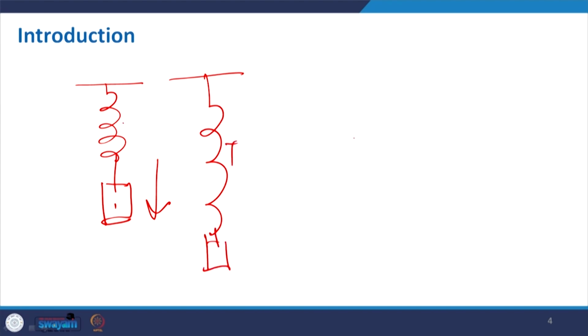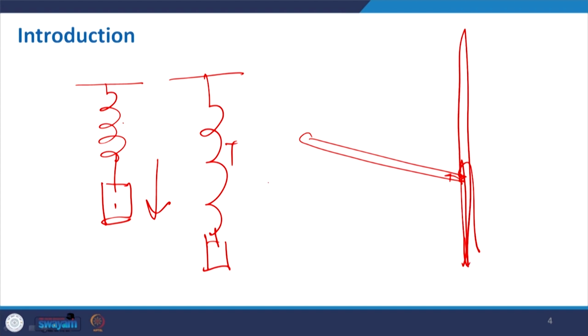At the same time, suppose you try to hold a particular structure, maybe a roof or a cantilever, and you use a cable to hold it. This cable member will have some load. If you apply load to it, it will try to turn, it will always try to go this side.